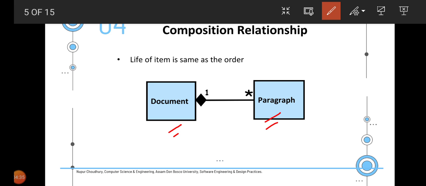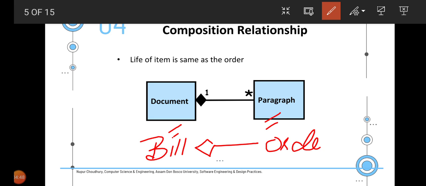Similarly, let us consider a bill. A bill will be there only if there are orders associated with that particular bill. It might be one order or it might be many orders, but there should be sufficient number of orders, at least one order, so that the bill should exist.